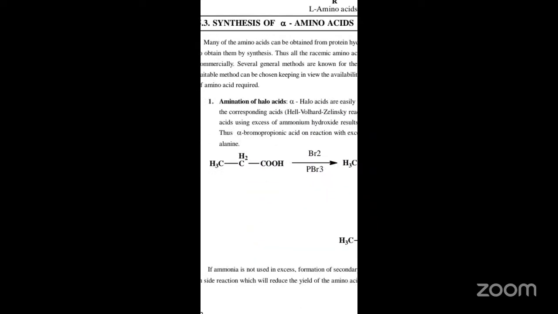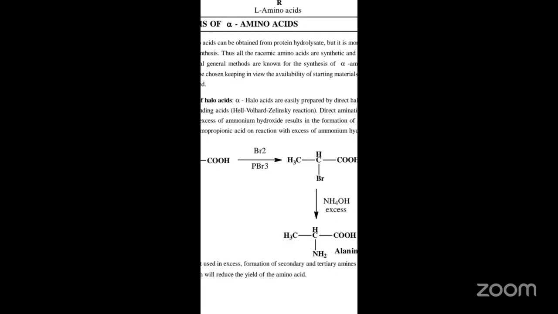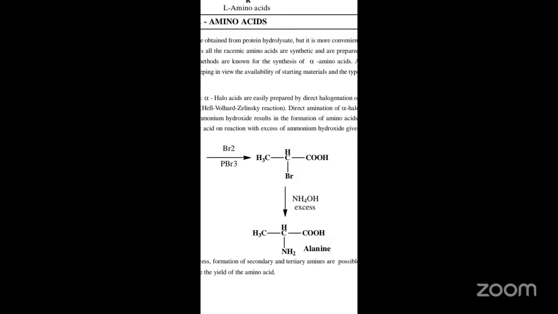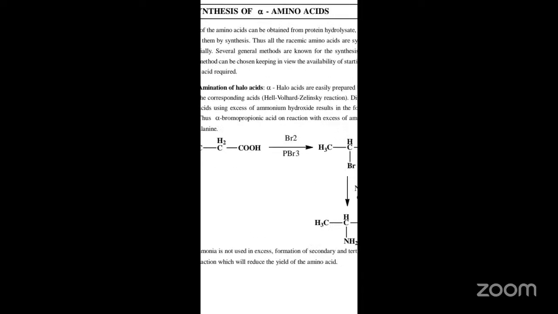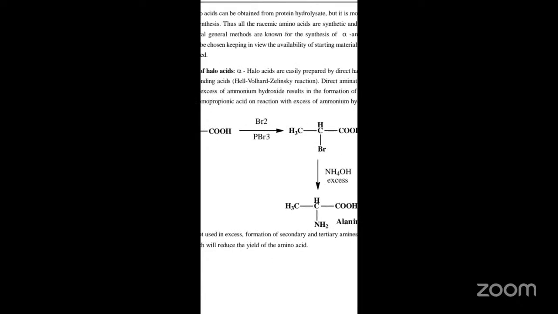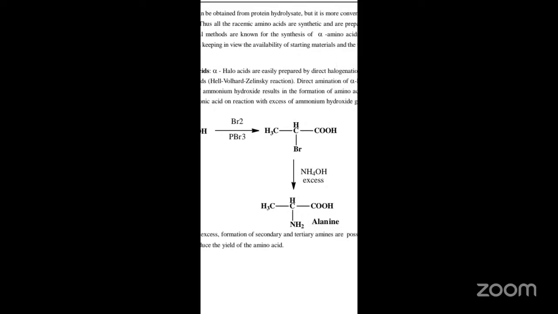So in the HVZ reaction, the Hell-Volhard-Zelinsky synthesis, this particular carboxylic acid is brominated, so you get the alpha bromo carboxylic acid.